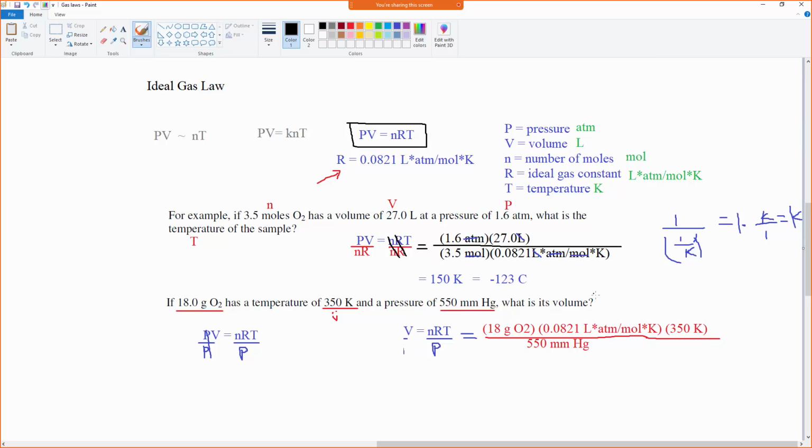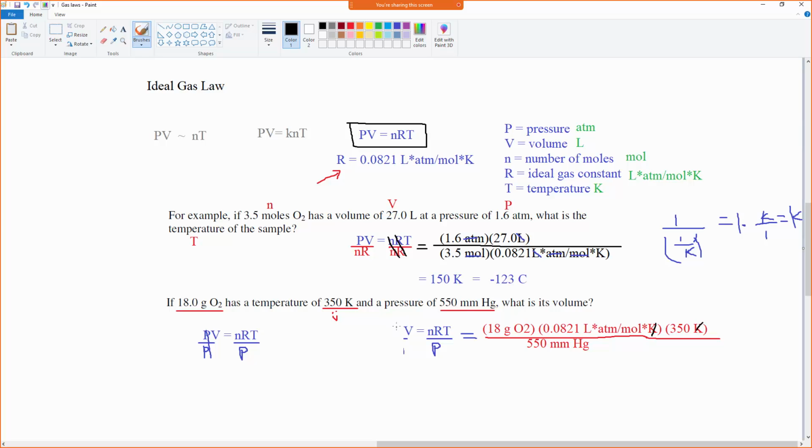You'll note my Kelvin cancels with my Kelvin, but oh crud, my atmospheres don't cancel with millimeters of mercury and my grams don't cancel with moles. Does that make sense? If you always remember to write out your units, then the units will tell you, hey, don't forget to do that thing.